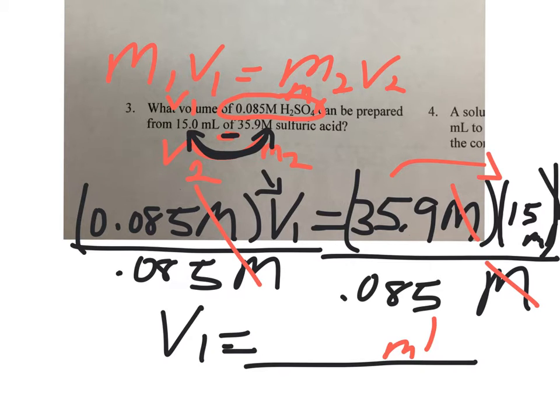What's my answer? Guys, get the calculator out and let your fingers do the walking. 35.9 times 15, divided by 0.085. Wait, I still have to divide.